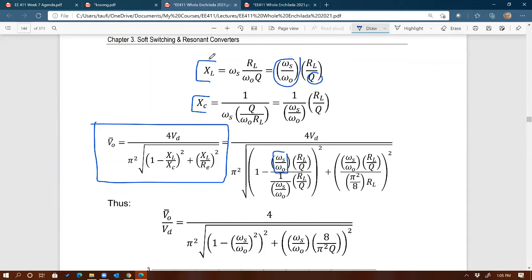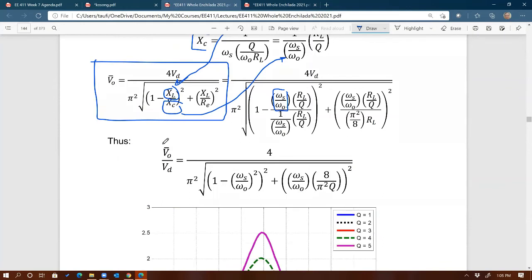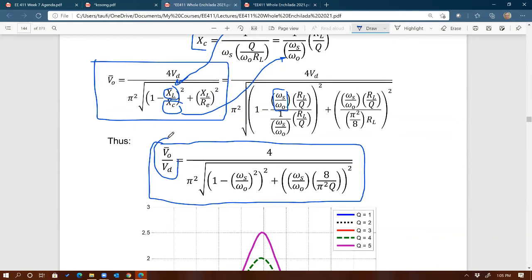See that? You just plug in XL with this equation right here, and XC with this equation right here. If you do that, then at the end you get a new equation that shows the relationship between the ratio of the voltages, output over input, in terms of Q and the ratio of the frequencies.